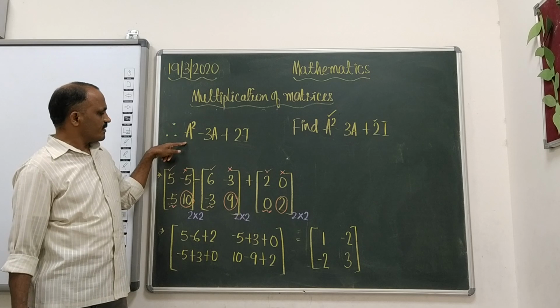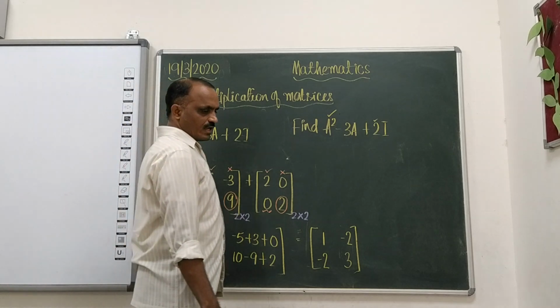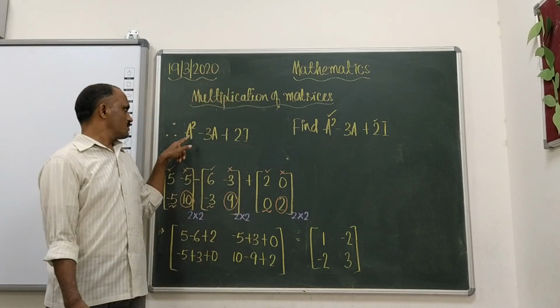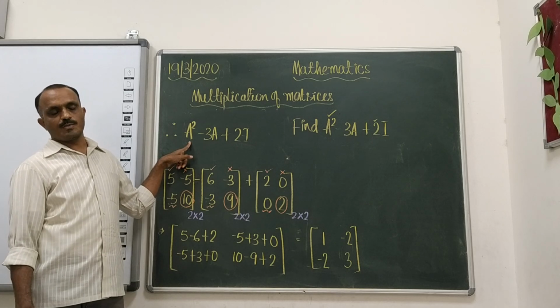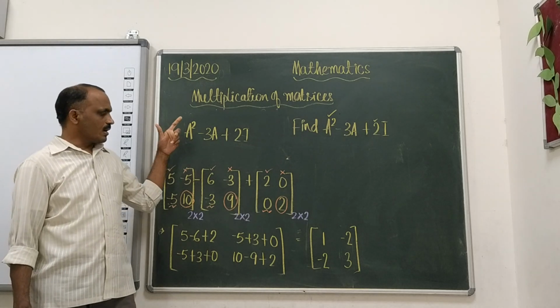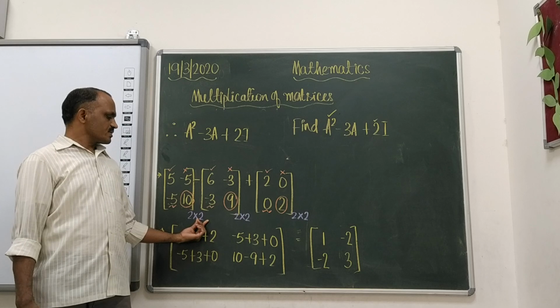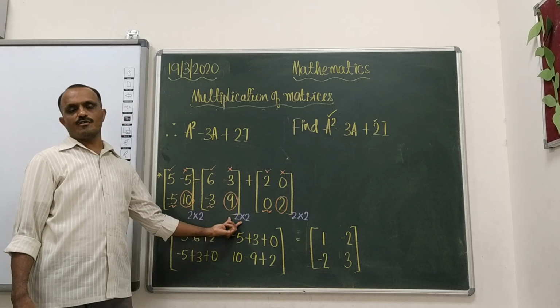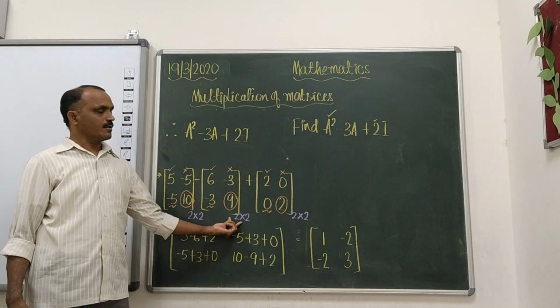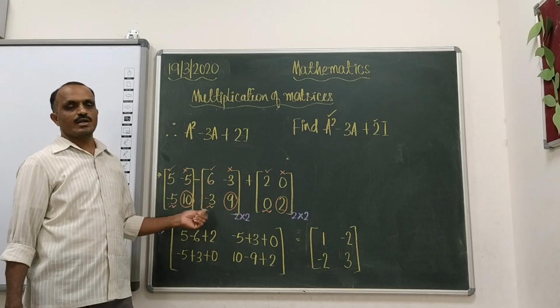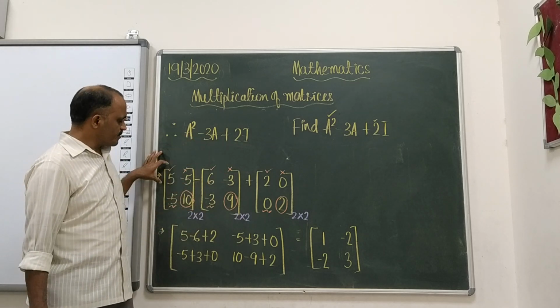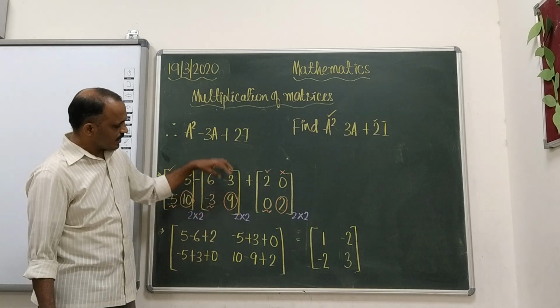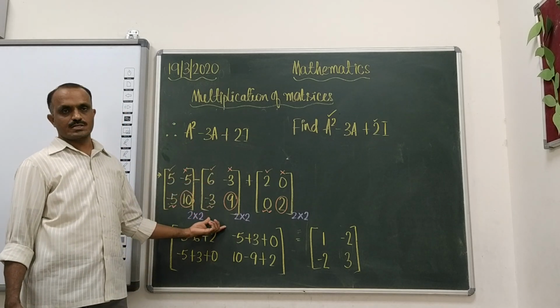So first, what we have done is multiply both matrices, A into A. On multiplying, our condition is that the number of columns in the first matrix is the same as the number of rows in the second matrix. Then we multiply row wise: the first matrix row wise, and the second matrix column wise.